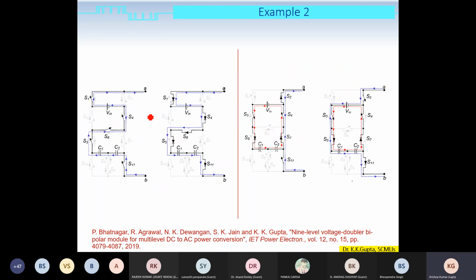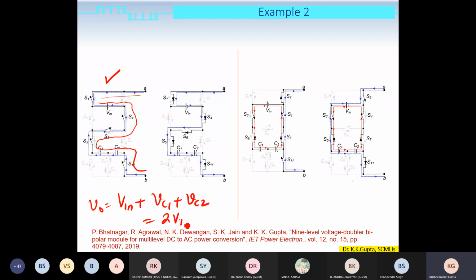Similarly, in this state, the voltages of capacitors C1 and C2 are in series with V in. So the output voltage is equal to V in plus VC1 plus VC2. So this comes out to be approximately 2 V in.